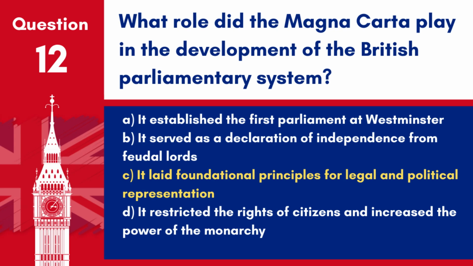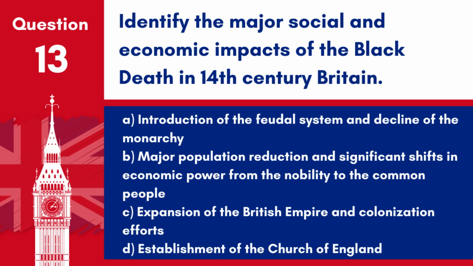The Magna Carta, signed in 1215, played a crucial role in laying down the principles that would eventually help develop the British parliamentary system by asserting the need for royal authority to be curbed by law and agreed upon by the realm. Question 13. Identify the major social and economic impacts of the Black Death in 14th century Britain.